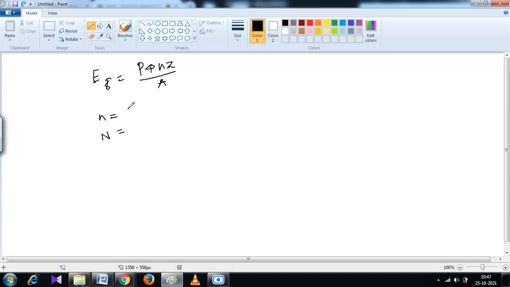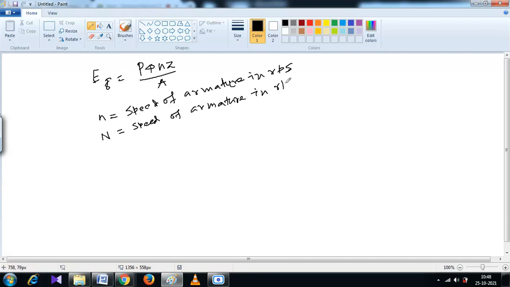N is the speed of armature in RPS. And now we consider capital N. What is the capital N? It is the speed of armature in RPM.